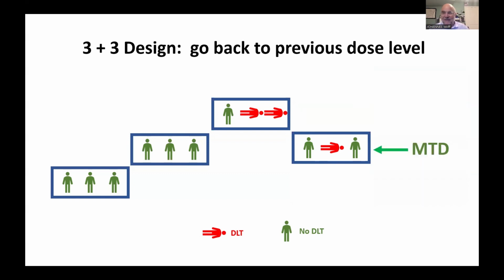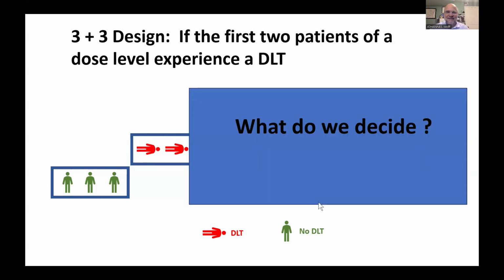Correct, you're done. You can declare the MTD, the maximal tolerated dose. The higher dose level was not tolerated. This dose level is tolerated by the definition of 3+3 design because only 1 out of 6 patients had a DLT.